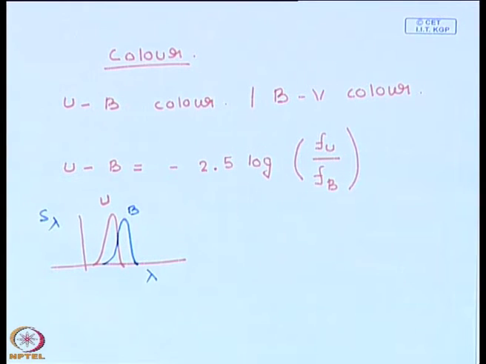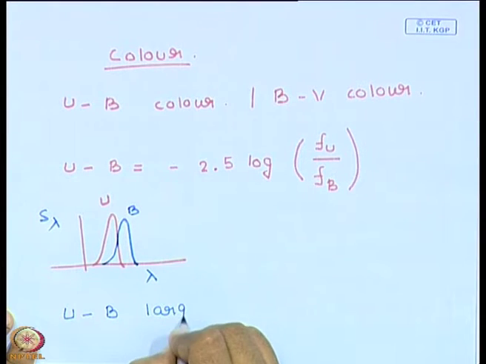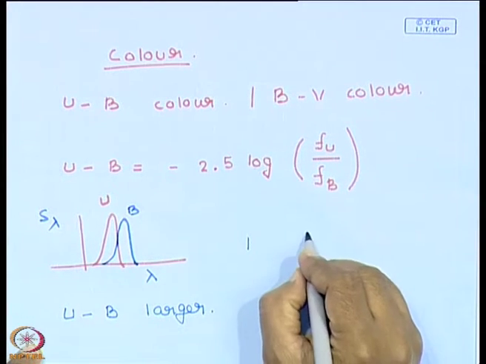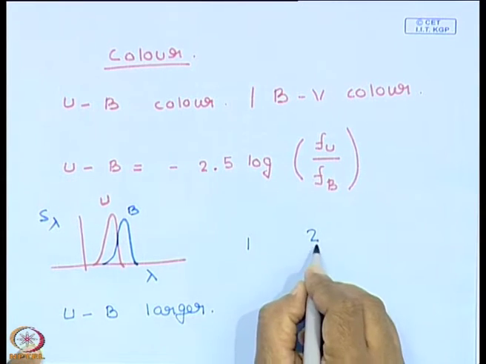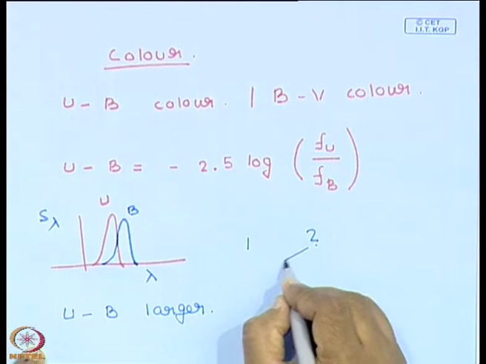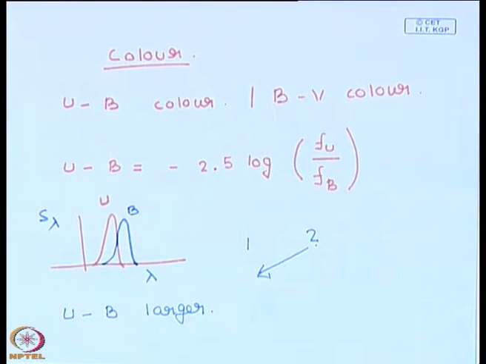So, suppose I have two sources, 1 and 2, and 2 has a U minus B which is larger. So, for 2, U minus B is larger.